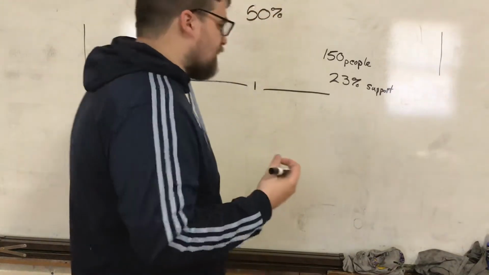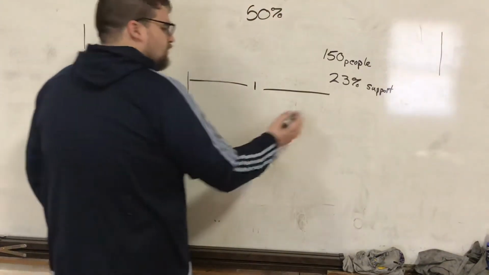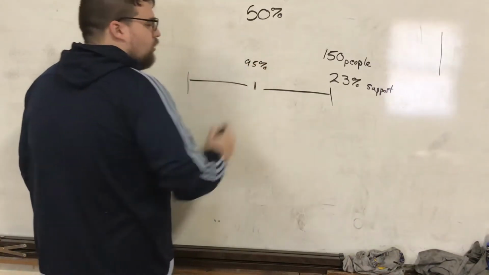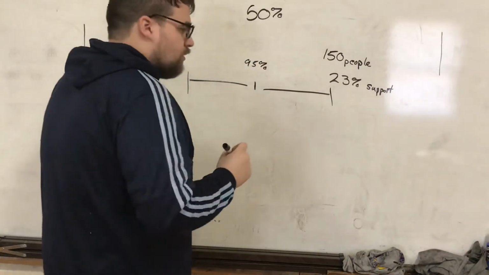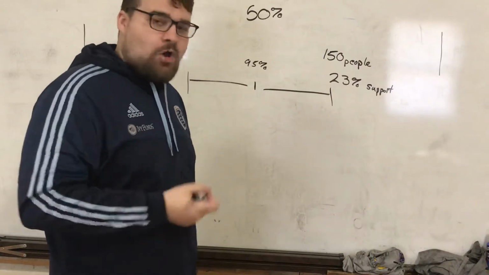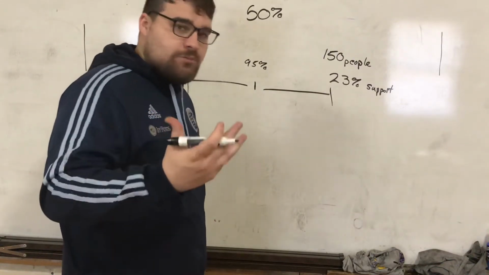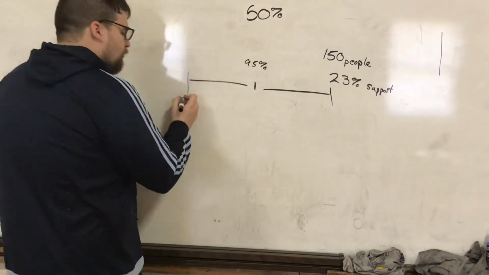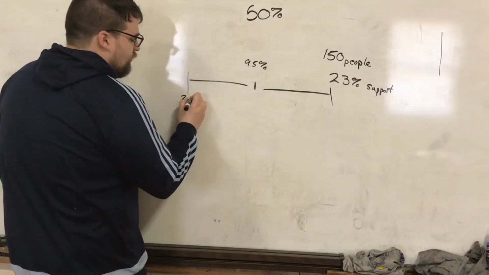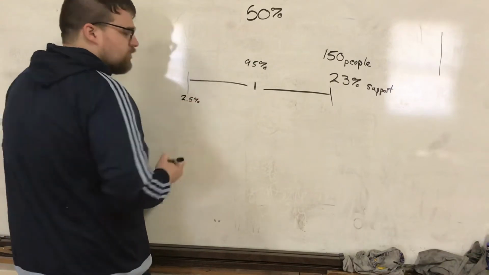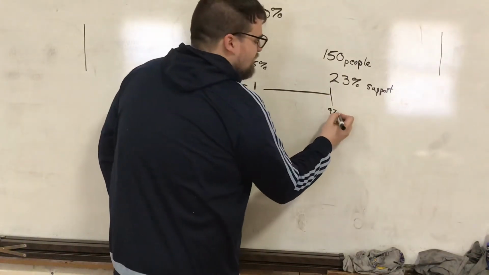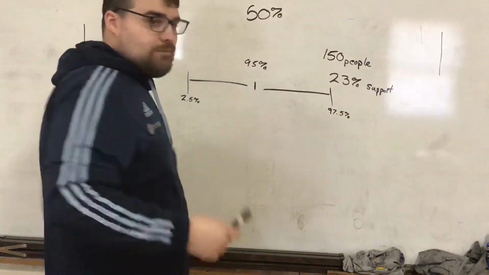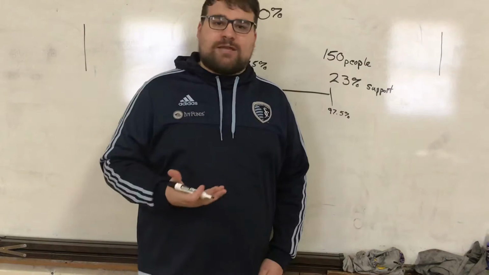Technically, that tells us we should have 95% of all possible results to this survey. That would mean between the 2.5 percentile and the 97.5 percentile. Between here is 95% of data.